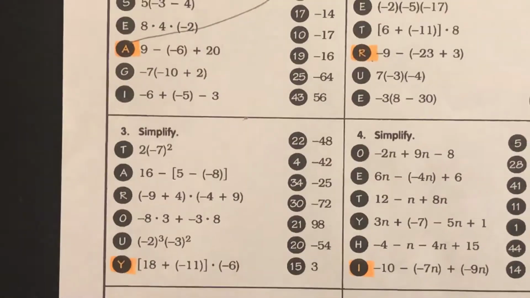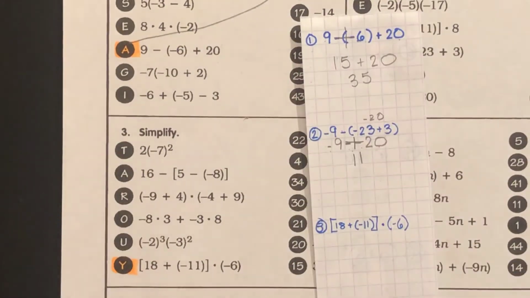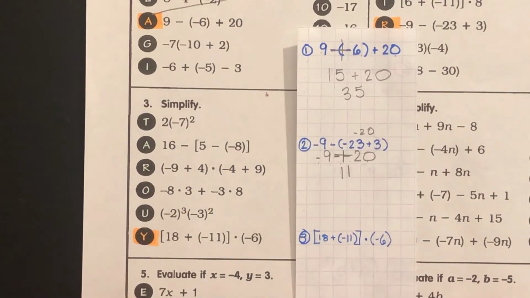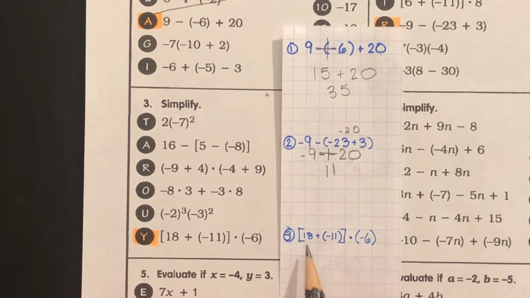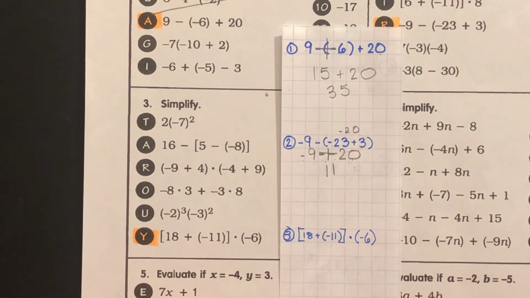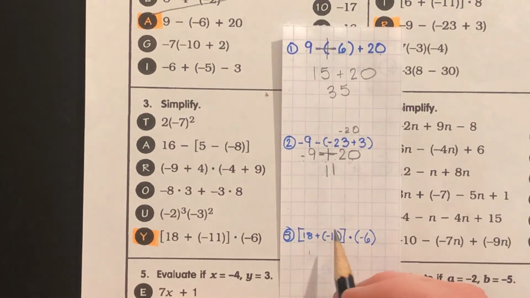All right, now, number 3. We've got brackets. The brackets really aren't anything more than just one level of grouping here. The reason that they used brackets is because they put the negative integer in parentheses. Sometimes that's the only reason that you'll have brackets. Not because you have grouping inside of a grouping, but because you have an integer in parentheses. We'll do this first.